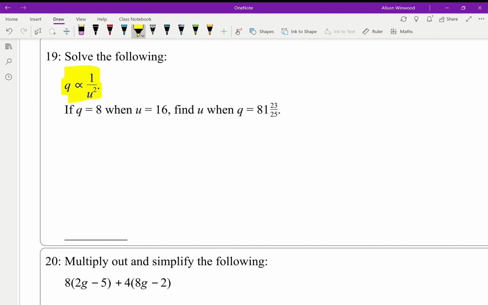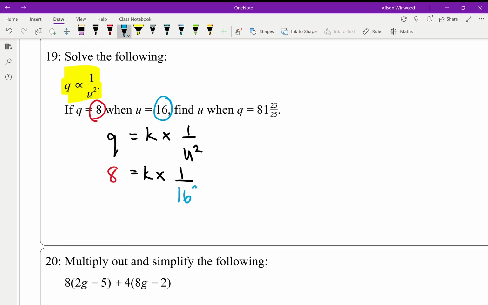Take the question and write it as a formula with a K in it. Substitute in the given values, and work out what K is.